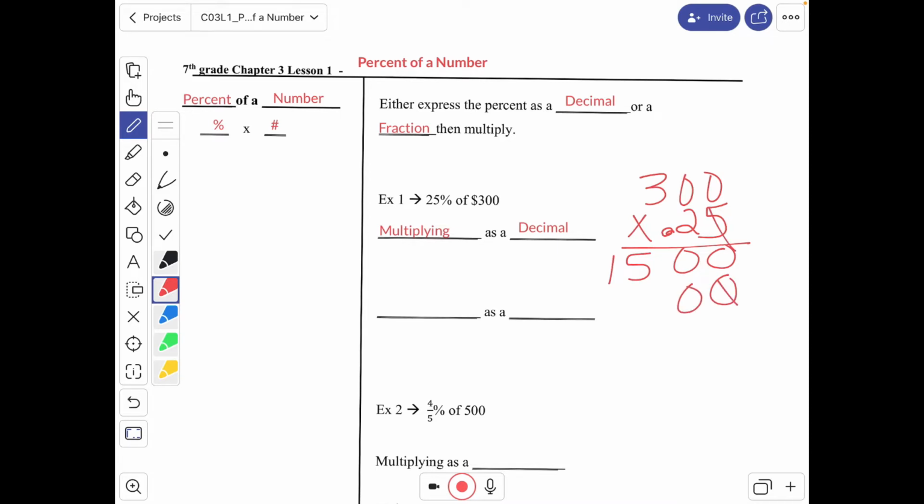Be sure not to get lost in those zeros. It helps that when you're finished with one number, you put a zero down, cross it out. And then I need to move the decimal over 2 spaces because there's 2 spaces behind the decimal. So that makes 75.